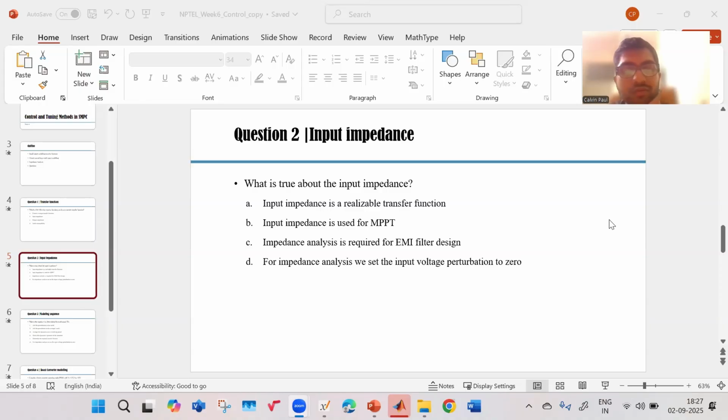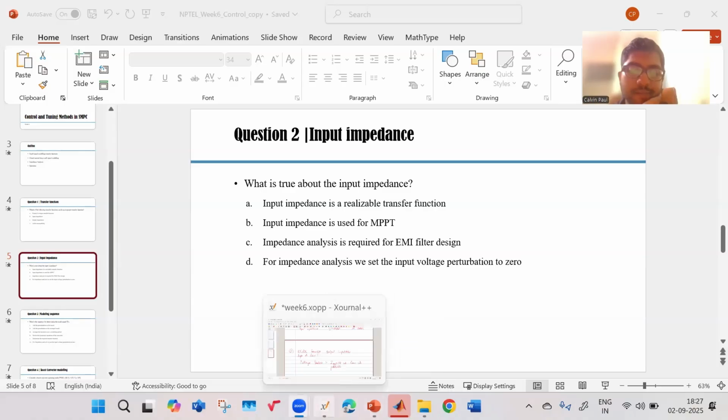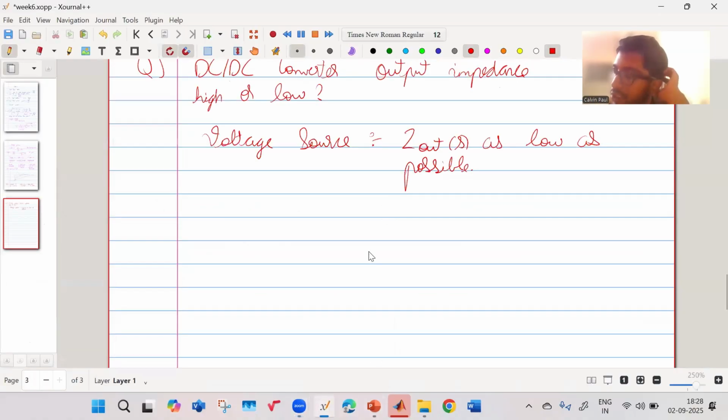Then in the first question, if the input impedance becomes an improper transfer function, then we cannot realize it. Yes. Okay, so this is question number 2, regarding input impedance. So this is your Zin of s, right?